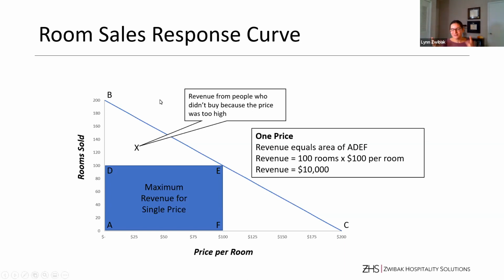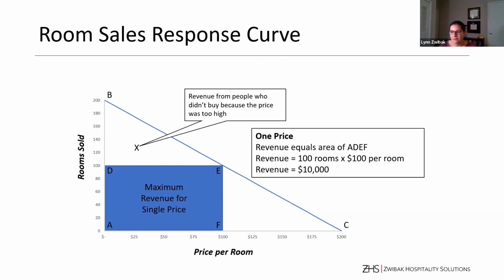So the X, yeah, it's a little backwards. Like when you think about it, you would think the area on the top should be the people who are paying more, but what I skipped in the explanation was that this is the demand curve of the typical supply and demand relationship from microeconomics. So demand curve is downward sloping. People tend to buy less when the price goes up. So that area at the top is the people for whom the price was too high.